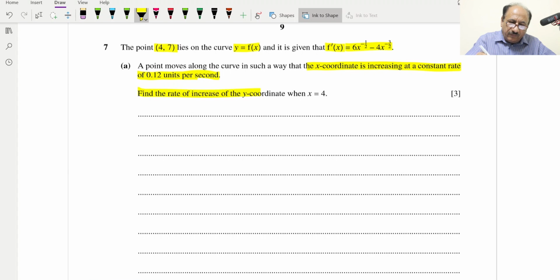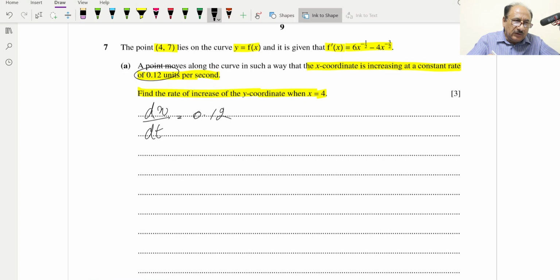Find the rate of increase of y coordinate when x is equal to 4. So rate of change of x coordinate with respect to time is given, which is dx by dt, equal to 0.12, which is provided over here.